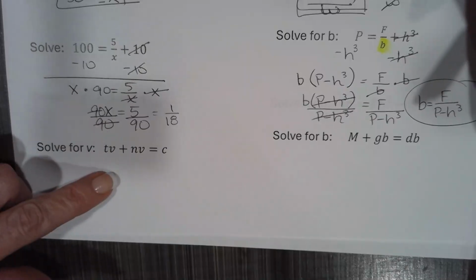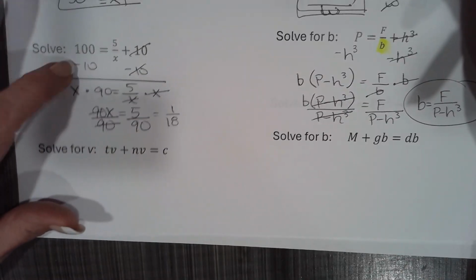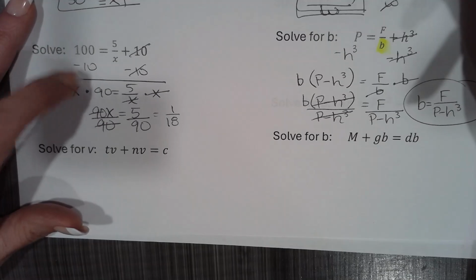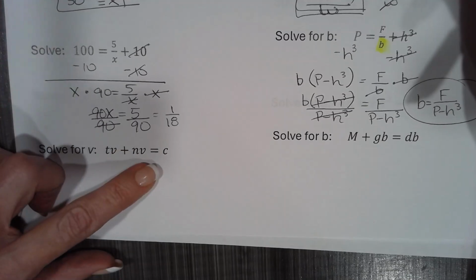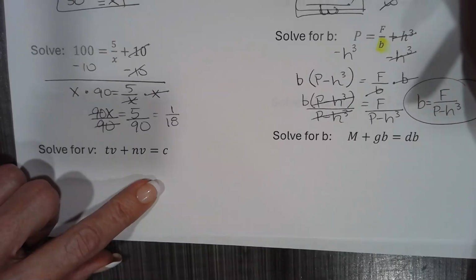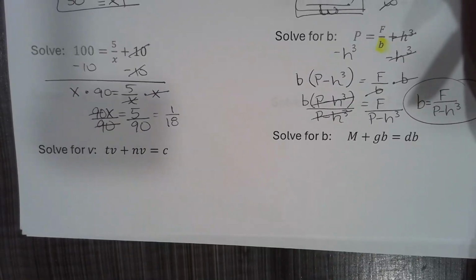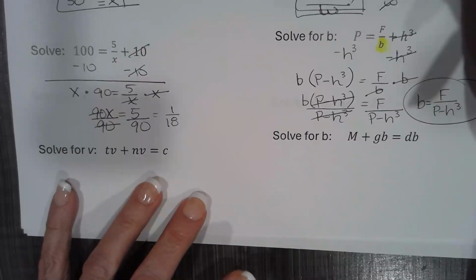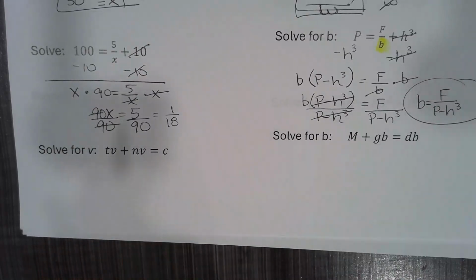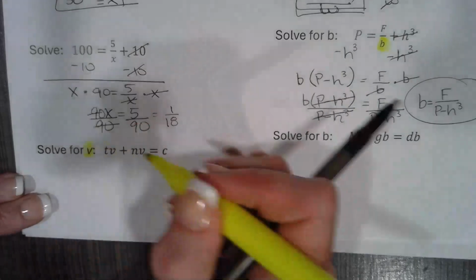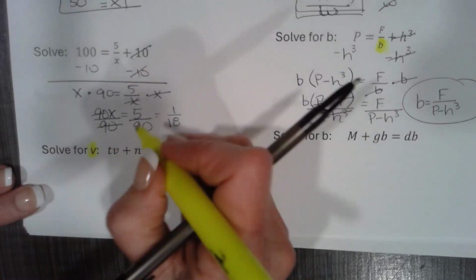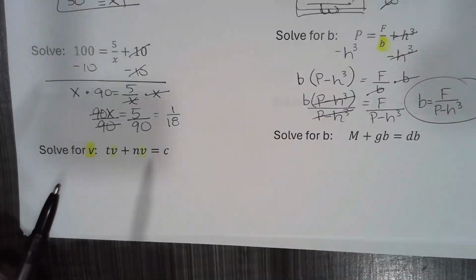So I really couldn't find a regular equation, so I just figured I'd work one of these and then we'll work another one. So these are some special cases. Let's watch carefully. I'm supposed to solve for v here, and v is in two terms.